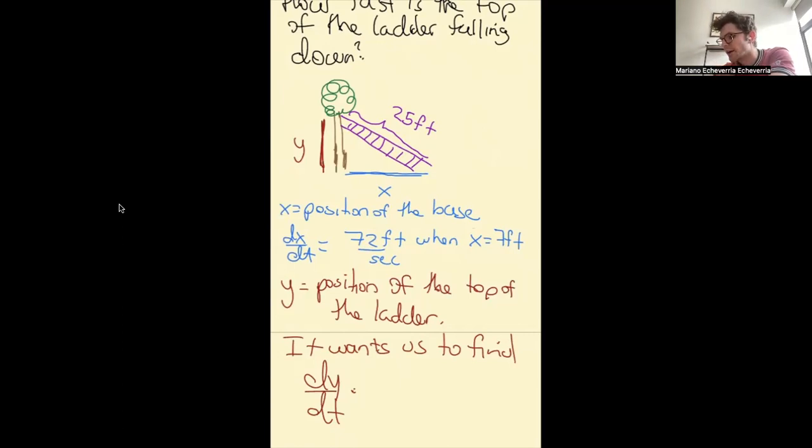So now, again, we want dy dt. We do have dx dt, right? So we need an equation that relates x and y.